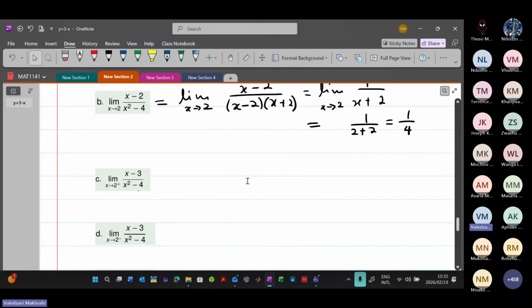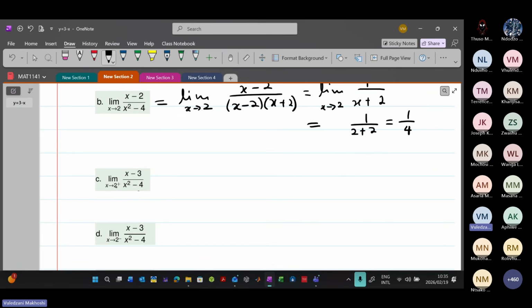So basically what I want you to note is that in this case, if x is approaching 2 from the right, it simply means that we are using values of x which are bigger than 2.